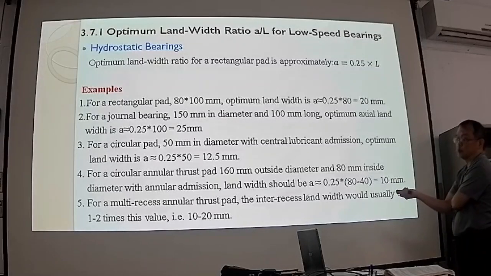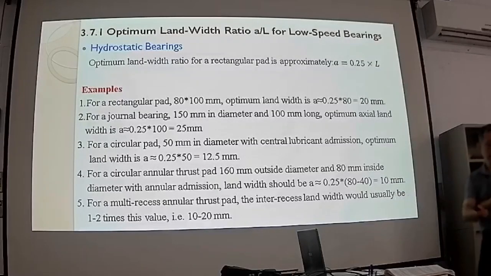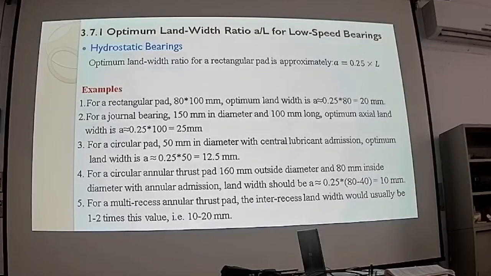For most other cases, if you don't have any other problem, you always use this parameter for your design. This is a good design parameter for the hydrostatic bearing and aerostatic bearing.